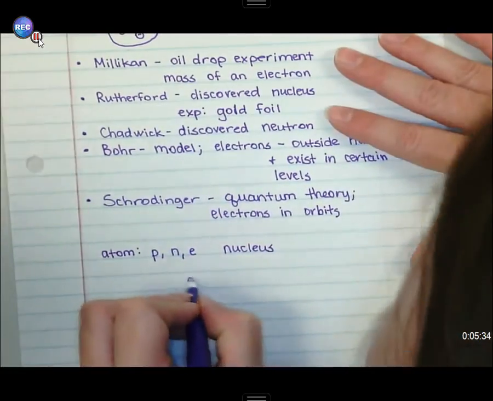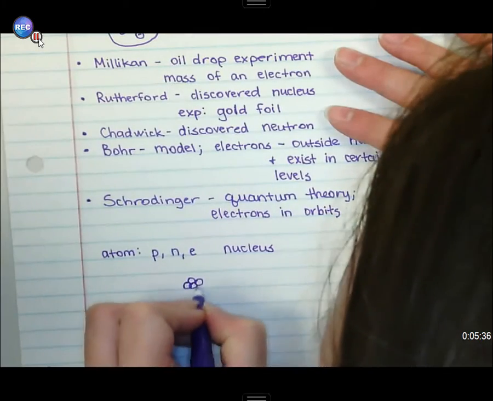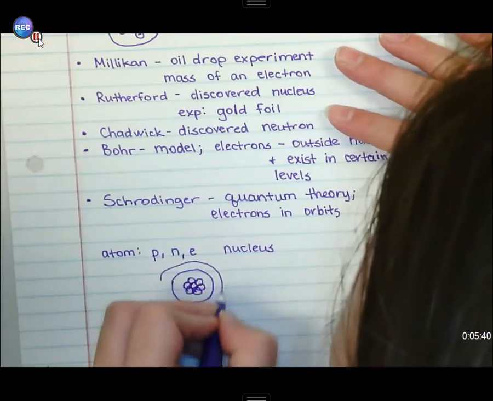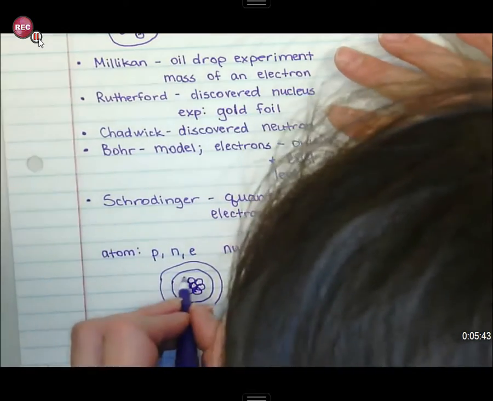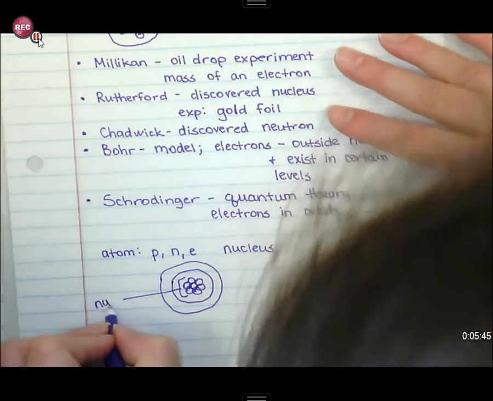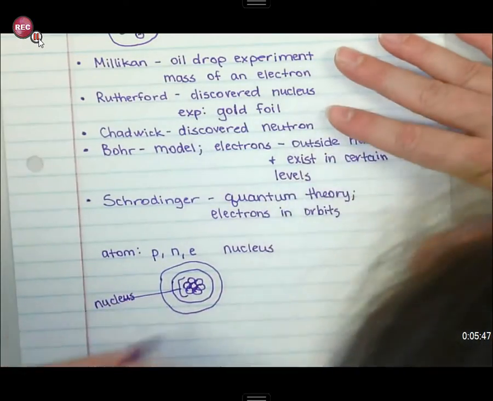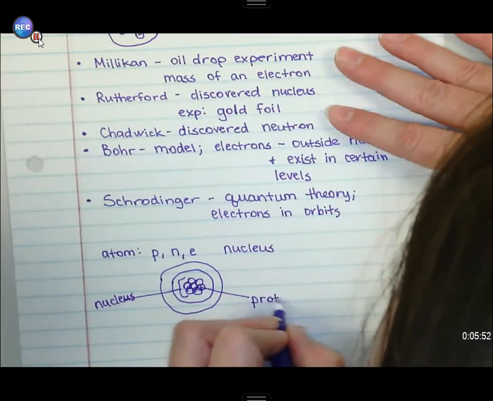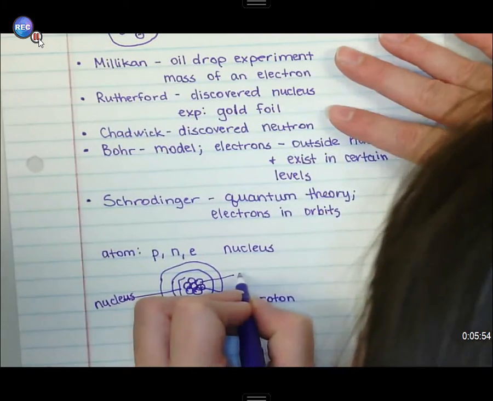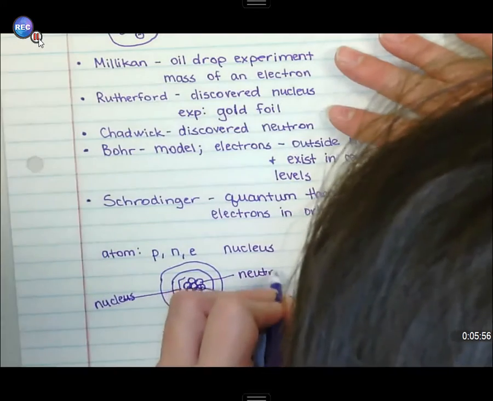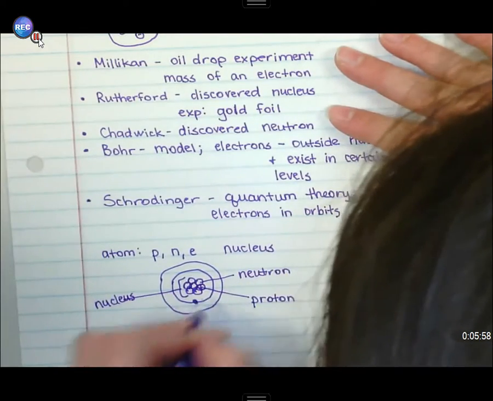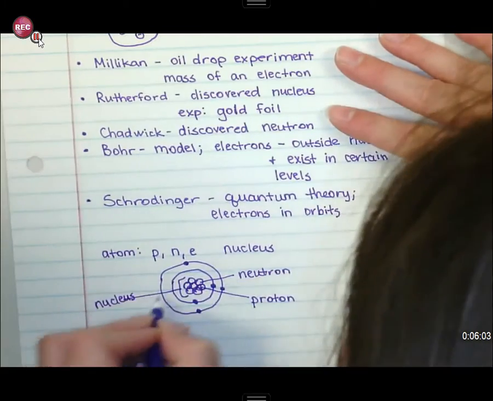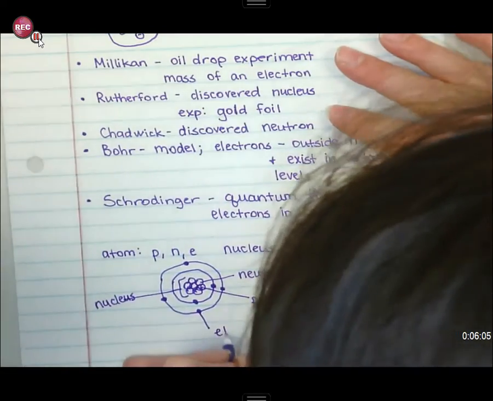And remember, if you were to draw this, this guy right here would be your nucleus. This would be a plus, it would be a proton. This would be a no charge, it would be a neutron. And then around this, you would have these little negative things called electrons.